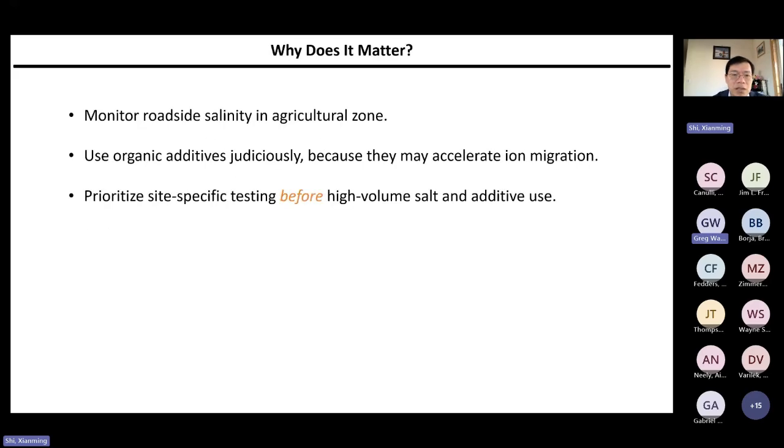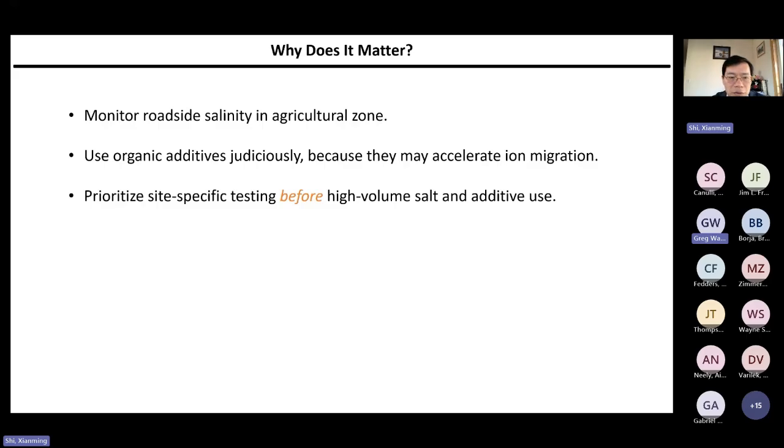First of all, for state DOTs, that means we need to monitor roadside salinity in agricultural zones and make sure the application of especially these unconventional deicers, such as the beet juice salt brine blends, is not causing unintentional consequences.